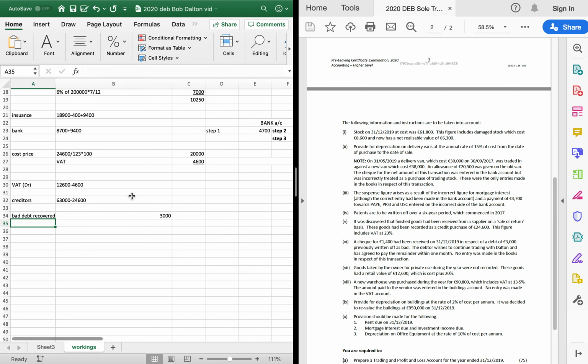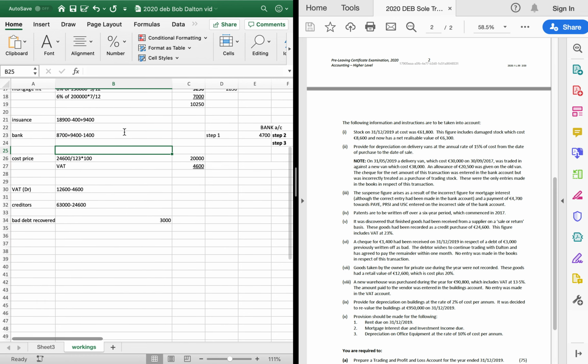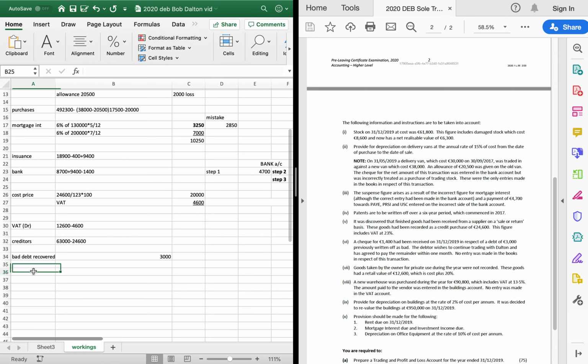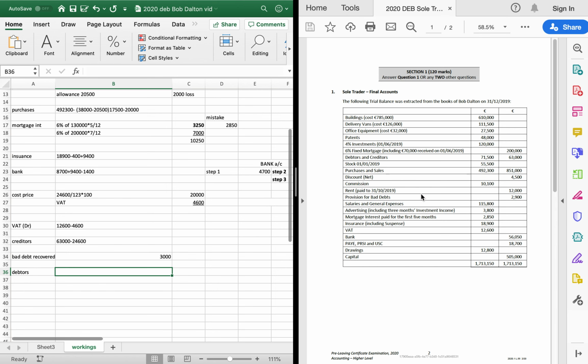The check for 1,400, that reduces the bank overdraft by 1,400. And then debtors, I'm not sure if we've changed debtors yet. No. Debtors has to go up by the difference. So debtors goes back up by the 1,600. So debtors started off as 71.5, and we're going to add back on the 1,400 onto that.